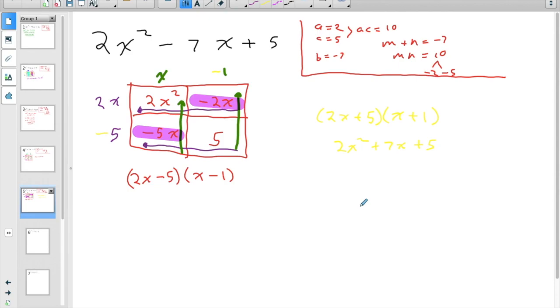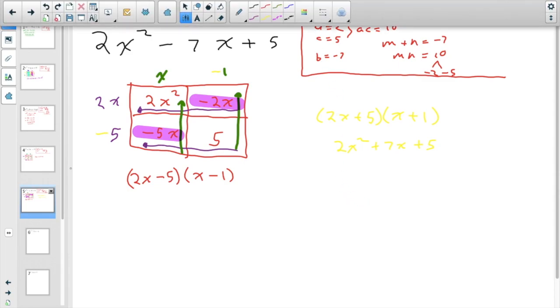We used a box method, we used a grouping method, and we used a kind of simplifying the question method. I will see you in the next one.